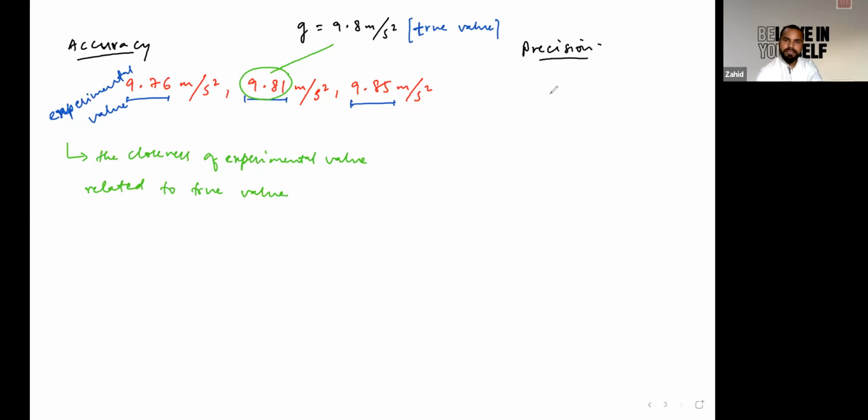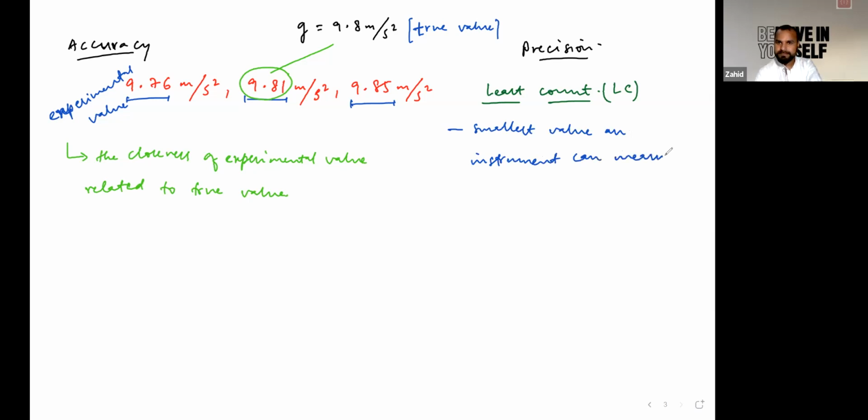Now, what do you mean by precision? Precision simply depends upon least count of a particular instrument. Least count is nothing but the smallest value which can be measured by an instrument. So the smallest value an instrument can measure is called least count.